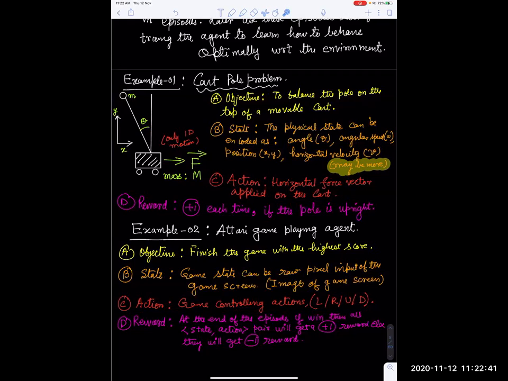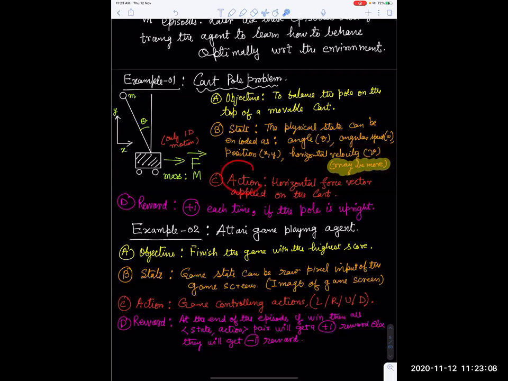So we are just showing you an abstract way of formulating an RL problem. The objective is this, and then you have to tell what the states are. The physical state of such a system can be the angle, the angular speed, position, horizontal velocity, maybe a few more.